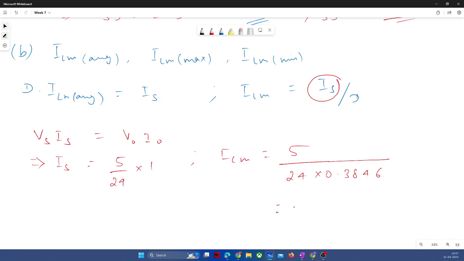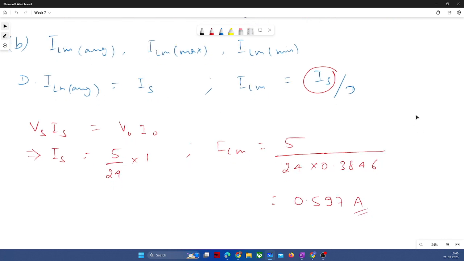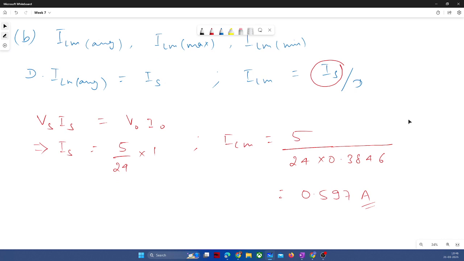Compute it, we get 0.597 amperes. Hope you will also get the same value.